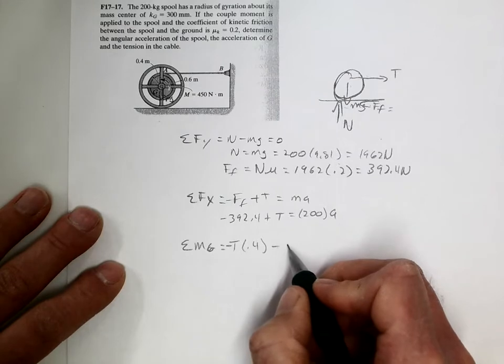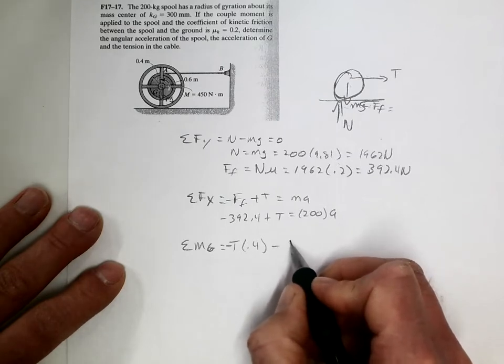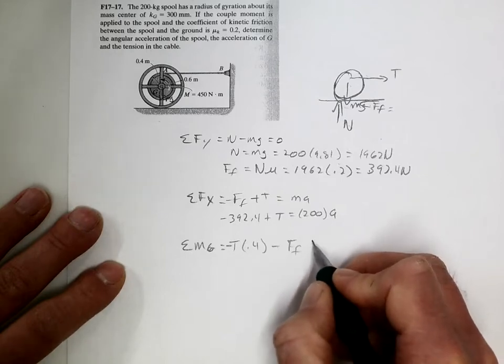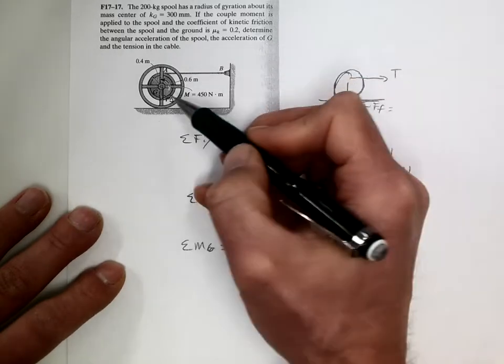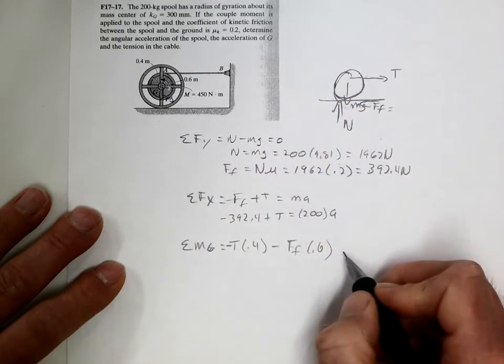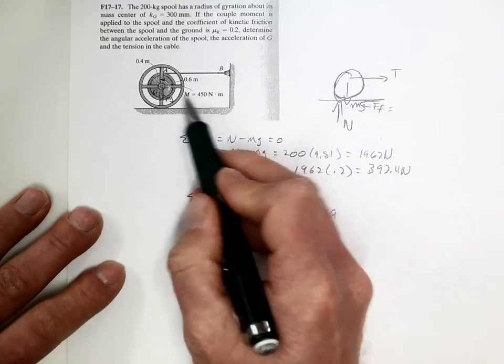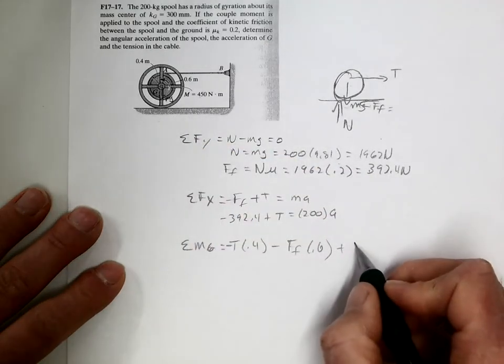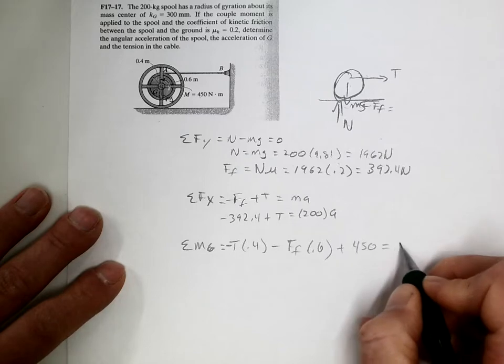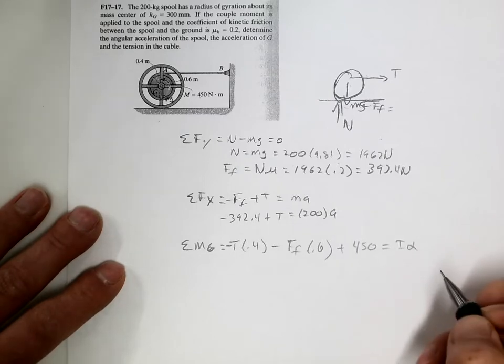So that's minus the force of friction times 0.6. The radius there is 0.6, plus the motor that's driving it, or whatever, 450. That's a positive rotation, and that will all equal I alpha.